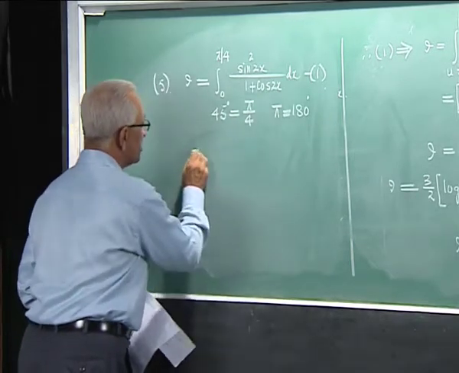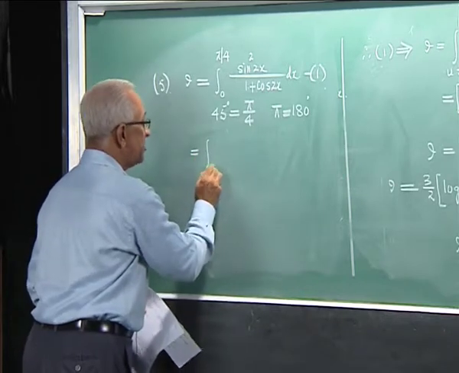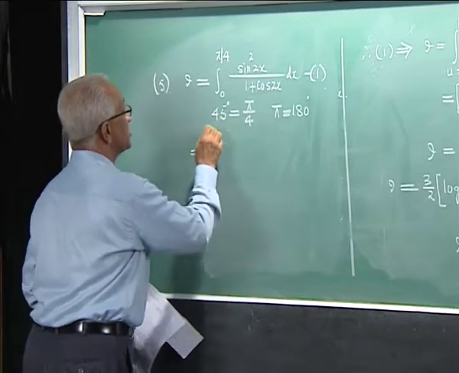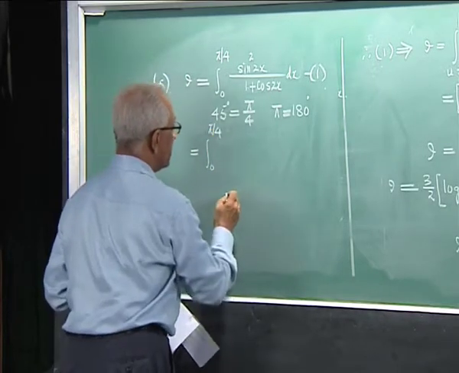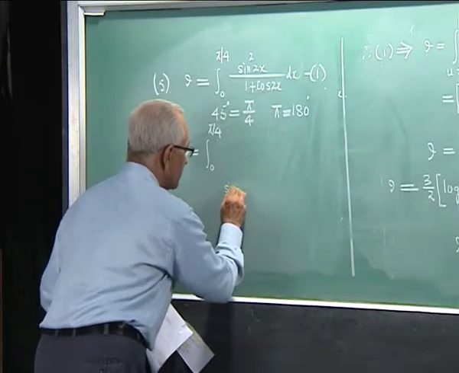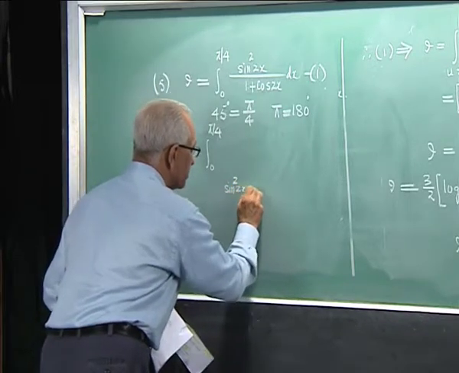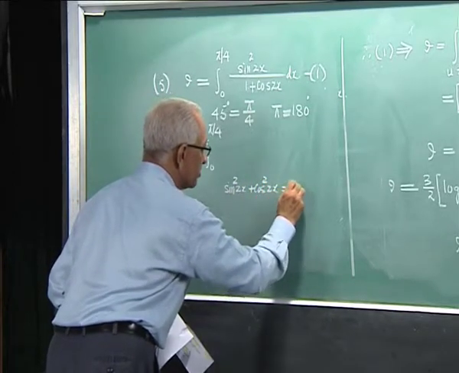The solution begins like this. There is a little trick that we apply here, which we used to do even in case of substitution. I am using the formula sine square 2x plus cos square 2x is equal to 1.